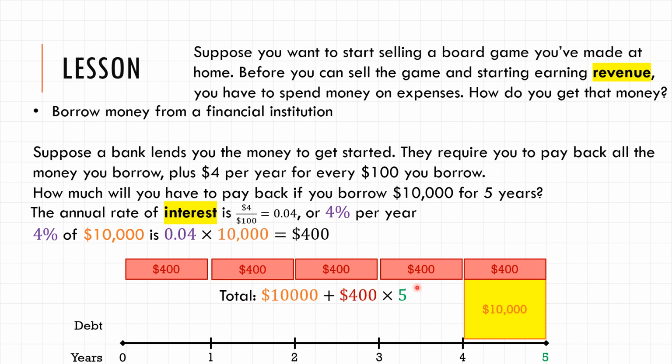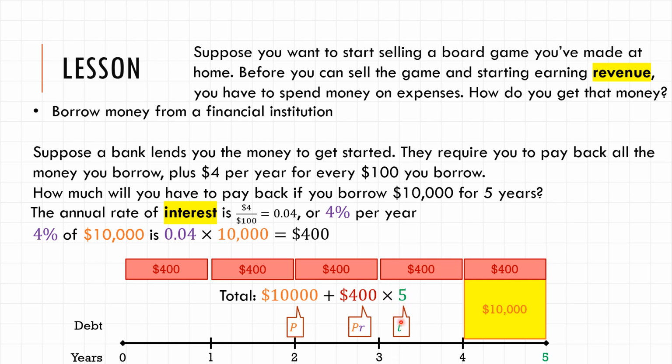Let's examine our formula for a second. We took the principal that we have to pay back, plus we have to pay back the interest. And the interest per year, we took the rate of 4%, and we multiplied it by the principal to get the amount of interest per year. And then we have to multiply that by something called the term.